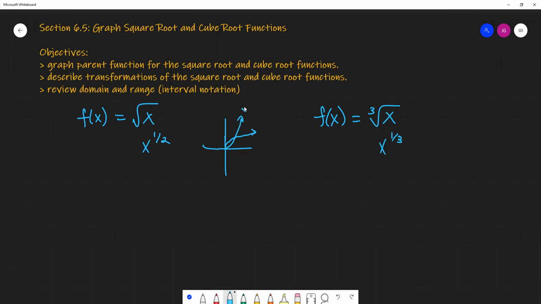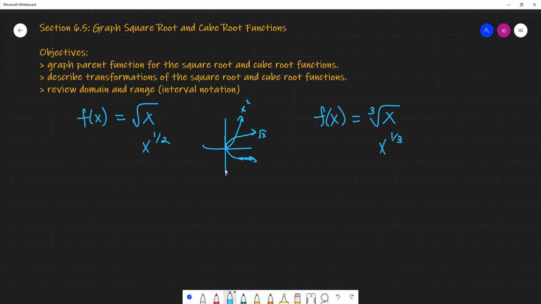So this is half of x squared, and this is the square root of x. We need to get rid of half of it, otherwise the inverse is not going to be a function. We get the entire parabola flipped over y equals x, and this right here is not a function, right?